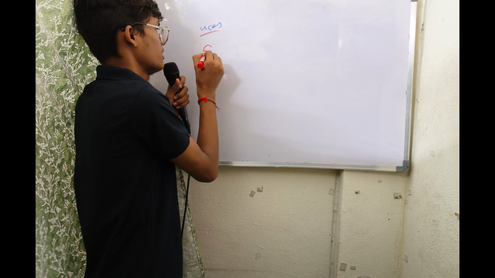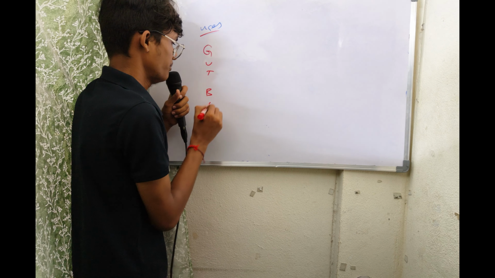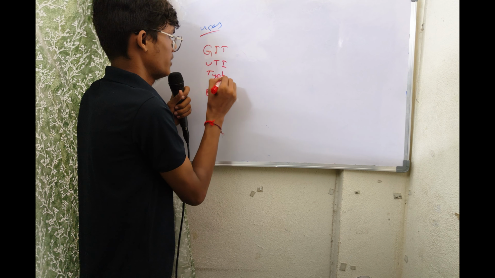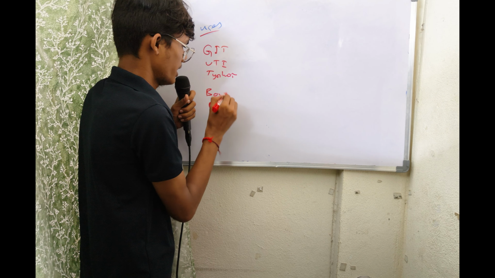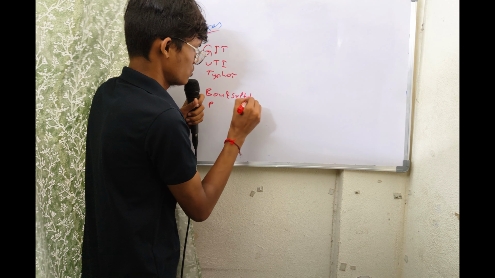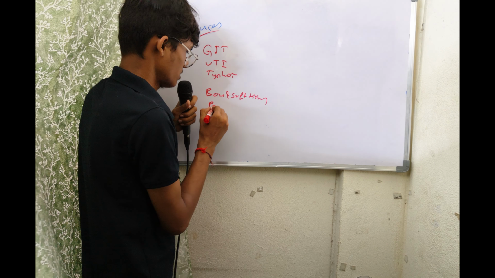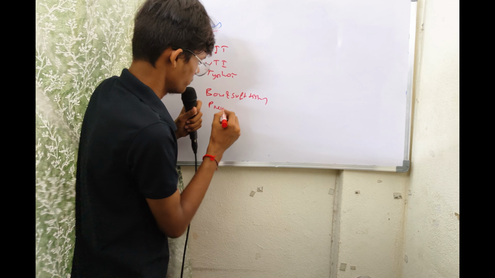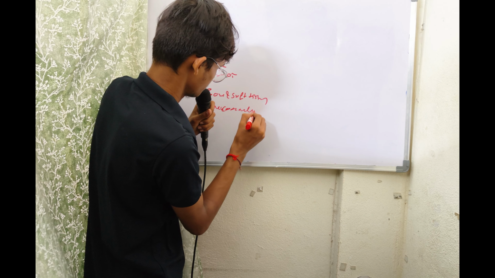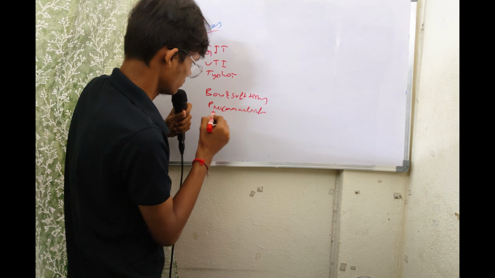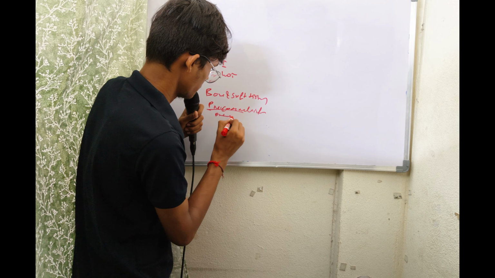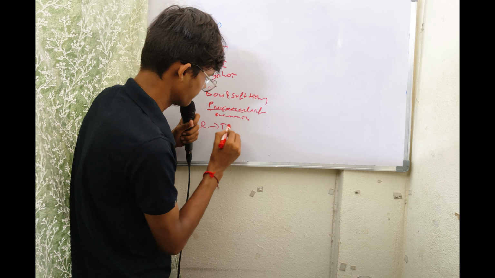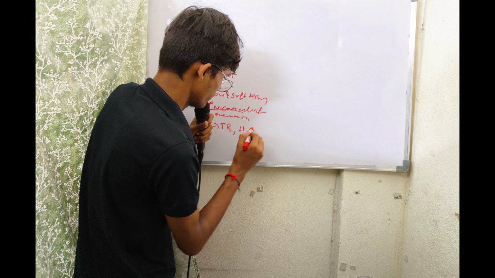It is GUT is having BP: GIT infections, UTI infections, typhoid fever, bone and soft tissue infections, pneumococcal infections, this is pneumonia, and then respiratory tract infections like TB, then H influenza.